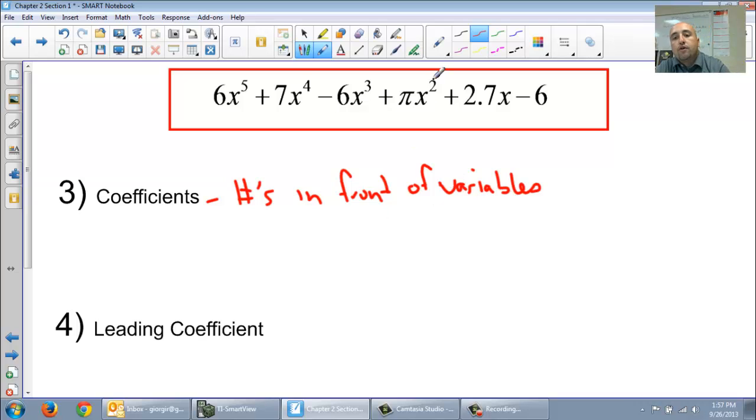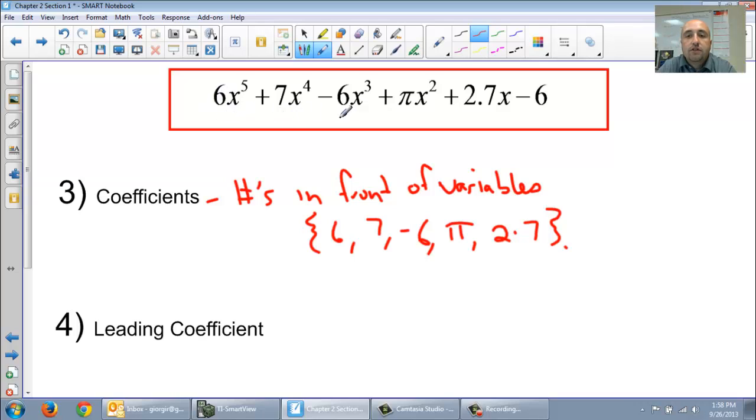So what are the coefficients for this particular polynomial? We have 6, then 7, then -6, then pi, then 2.7. Do I need to write -6 twice? No. So the coefficients are 6, -6, 7, -6, pi, 2.7.